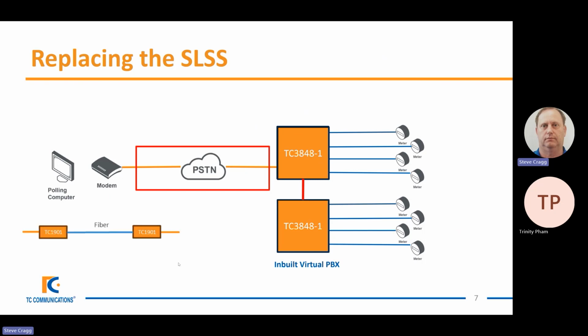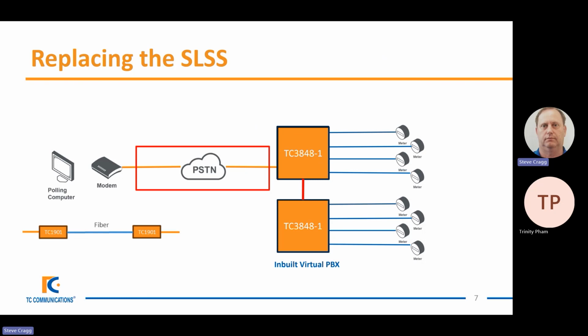The first one is to utilize fiber optic cable. One of our customers used this. They used our phone simulation or extender, the TC1901 at each end, running fiber optics between the two. You can run either a single, dual fiber, single mode or multi-mode.